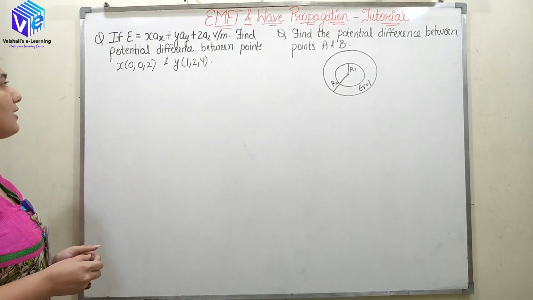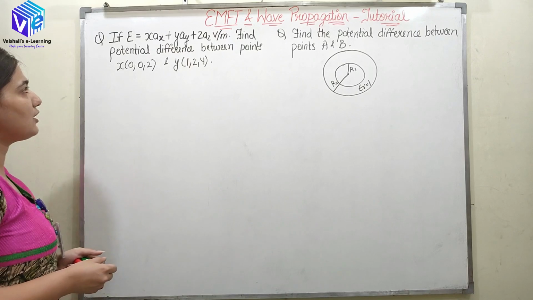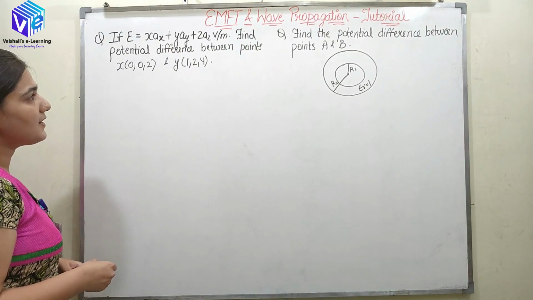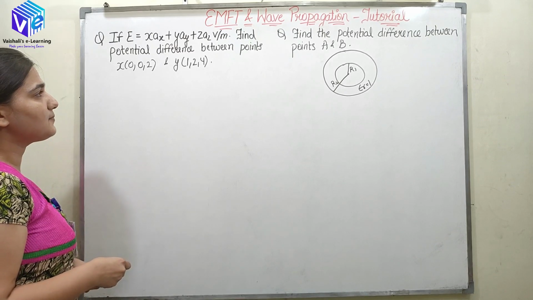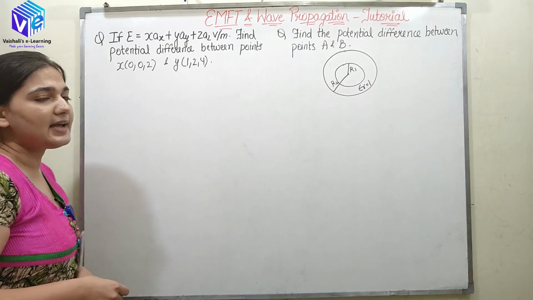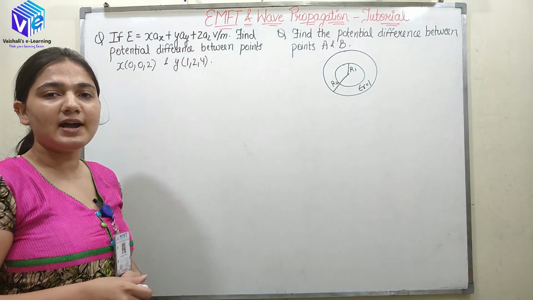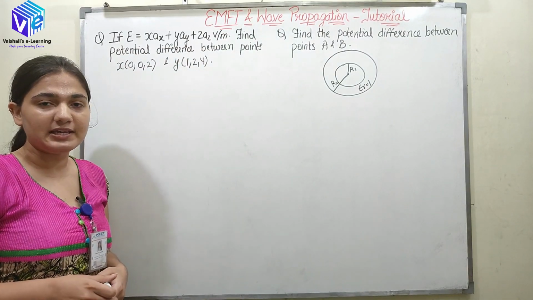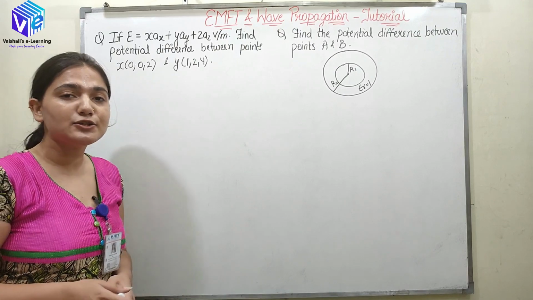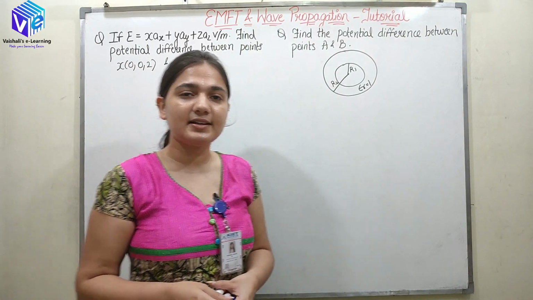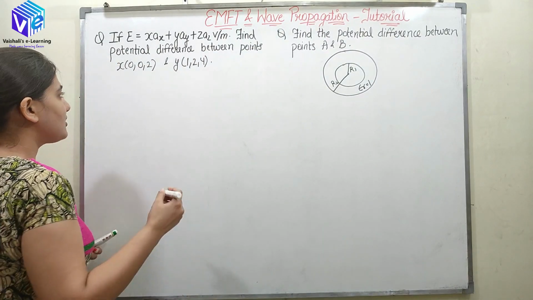Now coming to this question, it states: if E is equal to x ax plus y ay plus z az volt per meter, find the potential difference between the points X and Y. What is given? E is given and the 2 points are given, and I need to find the potential difference V. So I need to find the relationship between V and E. I have discussed this relationship in the lecture videos.